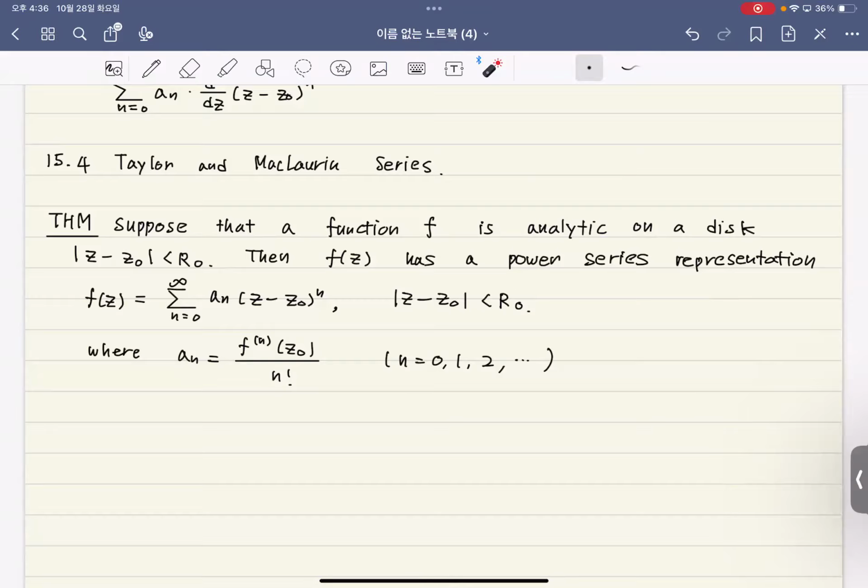That means you can find some epsilon neighborhood of that point, and on that epsilon neighborhood, your function is always analytic. So therefore, analytic on the disk, this condition may or may not be dropped. Well, that's a psychological reason, but I just put it over here. Okay.